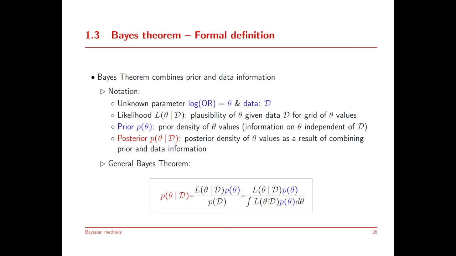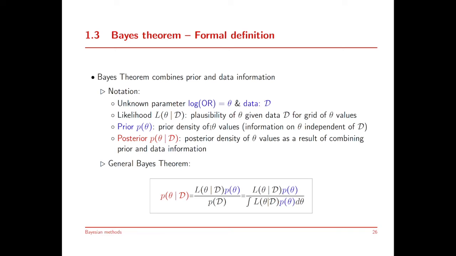This leads us to the formal definition of Bayes' theorem, where we work with an unknown parameter theta and data, where we have a likelihood that expresses the plausibility of theta given the data for a grid of theta values, and where we have prior information on our theta parameter.